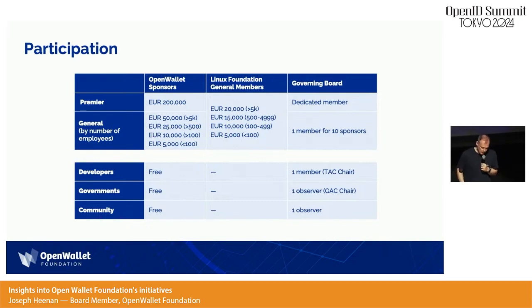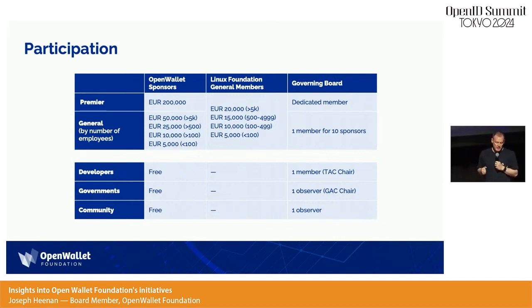So just to talk a little bit about actually participating in OpenWallet Foundation. At the top level, the people that get a board seat, the OpenWallet fee for that is 200,000 euros. As I say, that gets you a dedicated board seat. The board meets every month, and that's where the decisions about which direction the foundation should go and what budget should be spent on get made.